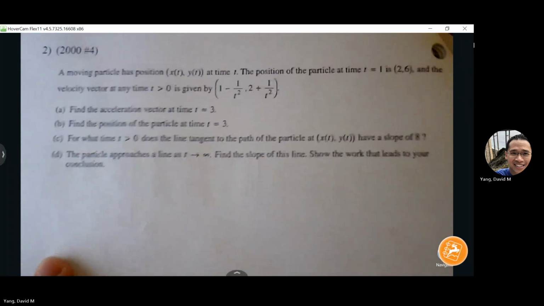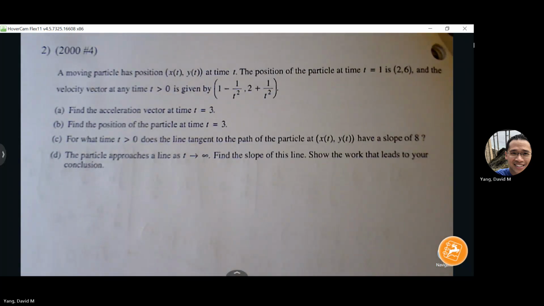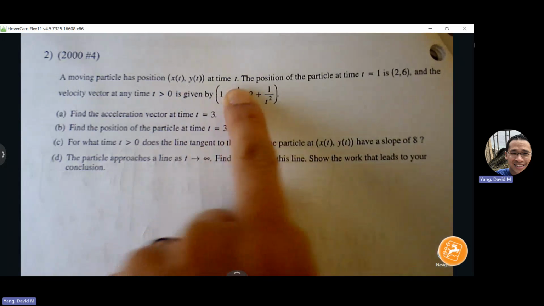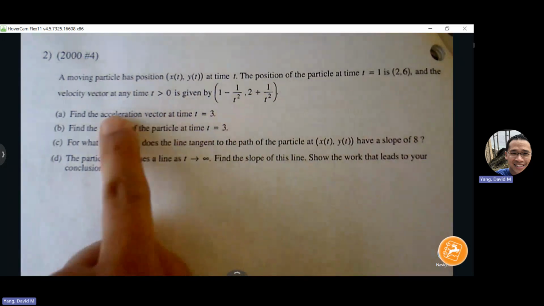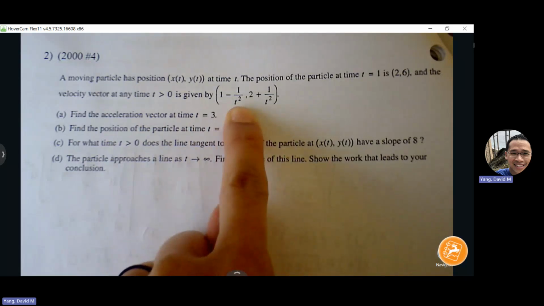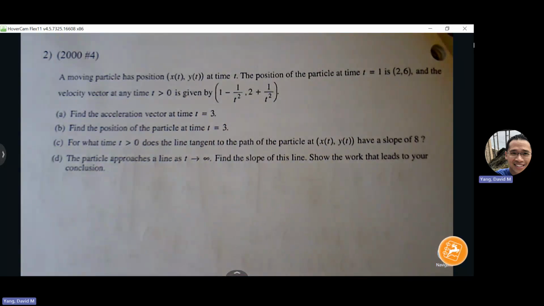All right. A moving particle has position x of t, y of t at time t. The position of the particle at time t equals 1 is (2, 6), and the velocity vector is given by v of t here.